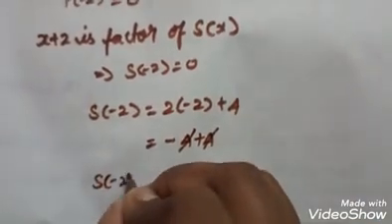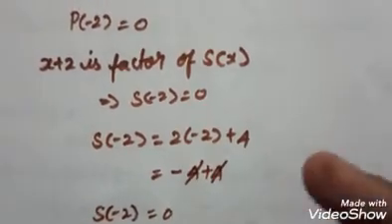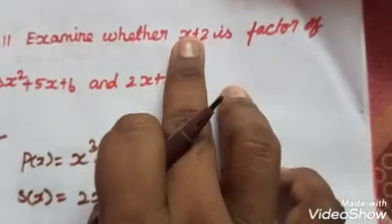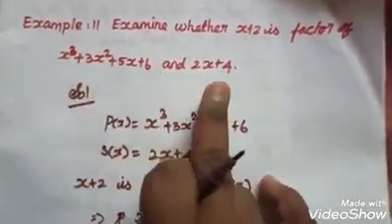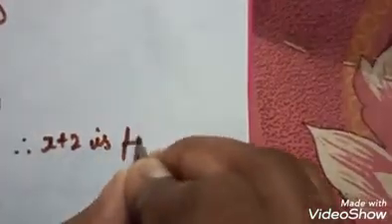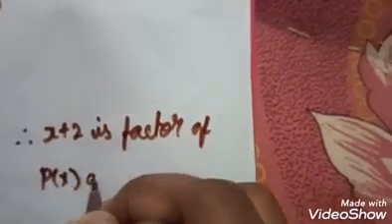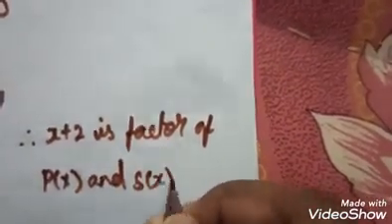So s of minus 2 is equal to 0. Hence we have shown that x plus 2 is a factor of both p of x and s of x.